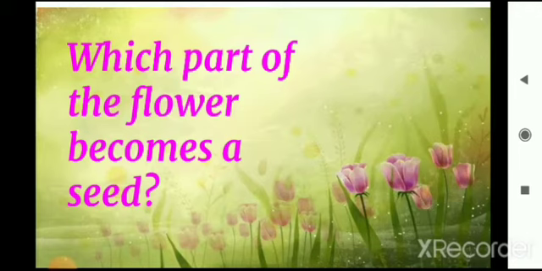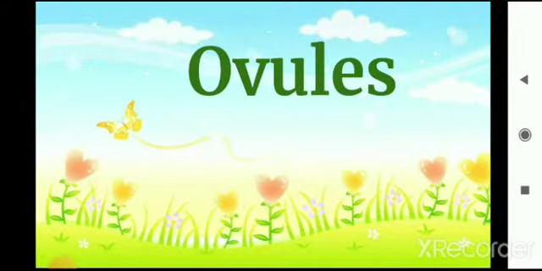Firstly, answer me, which part of the flower becomes a seed? I hope you know this, right? Which part of the flower changes into a seed? Your answer will be ovules. Ovules is the part of a flower that changes into a seed. Okay?